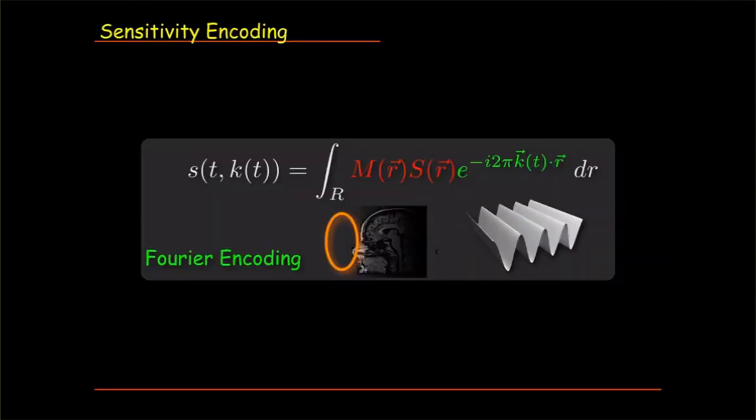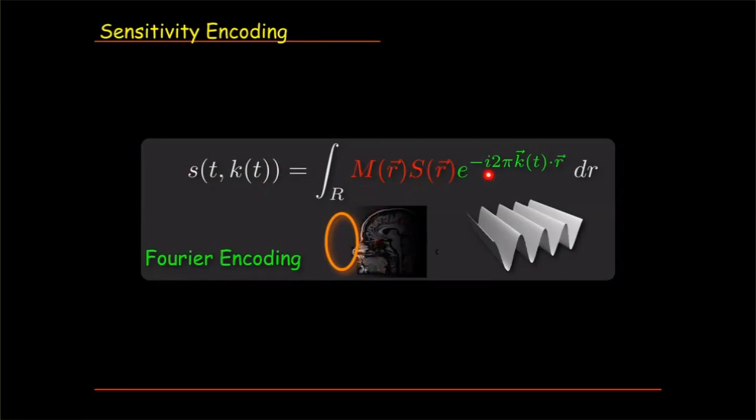So let's talk about how we do that. Before we do that, let me show you the principle of it. And I think we're going to do some of the things today, but not everything. So in regular Fourier imaging, this is my signal equation as a function of k-space. It's my magnetization multiplied by the coil sensitivity. So I've got a coil and I've got an image, and the image is weighted by the coil sensitivities.